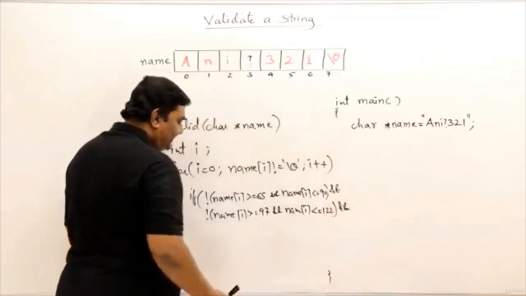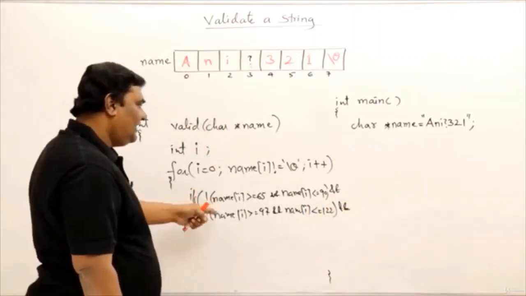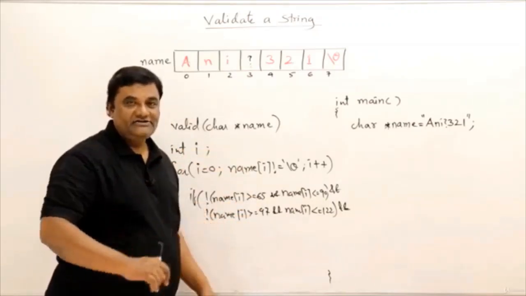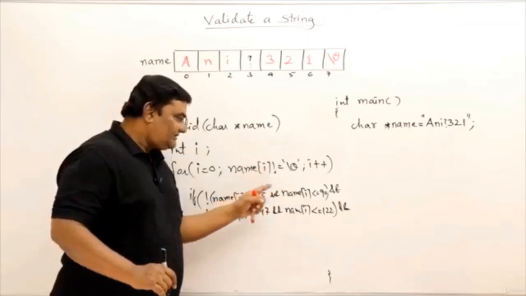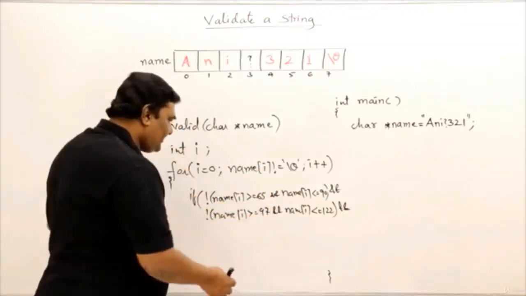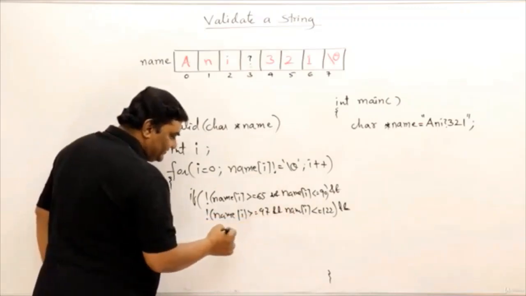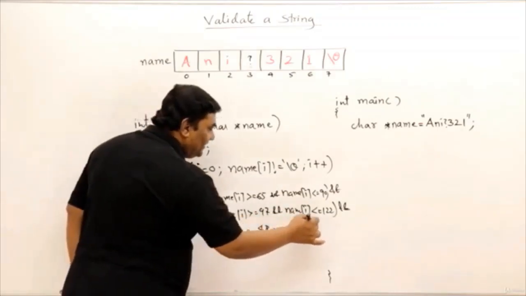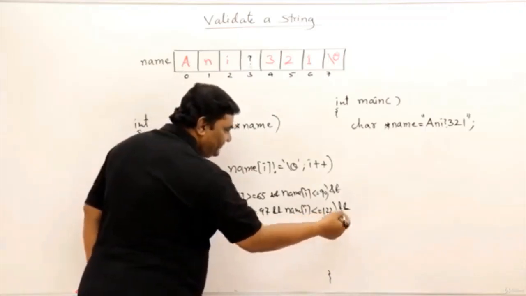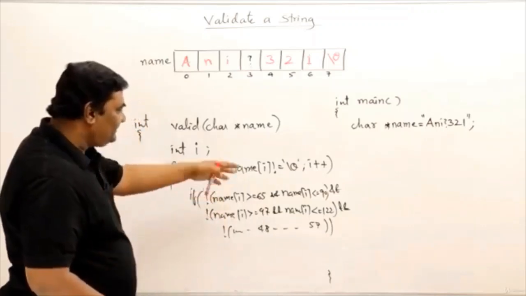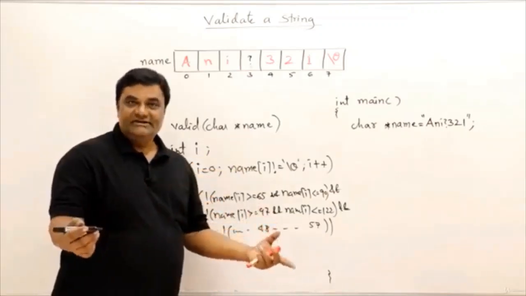It means it is not in this range and not in this range, as well as for numbers also I should write down. So again I have to say name of i, that is 48 to 57, right? You can understand this one. So these three conditions, if it is not among these, then it's a special character.